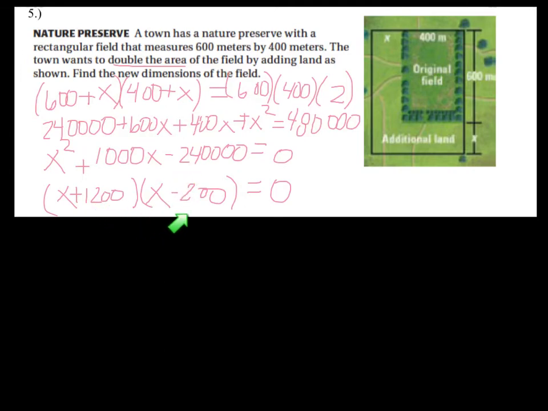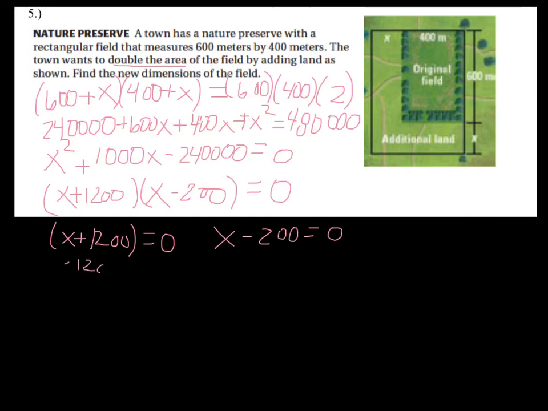And I have 1, 2, 3, 4 zeros. So it would equal negative 240,000. Now I'm ready for zero product property, so I set each one equal to 0. And I'll solve to determine the value of x.